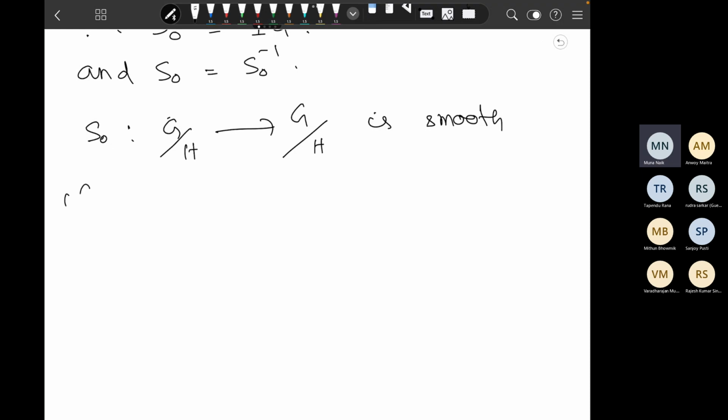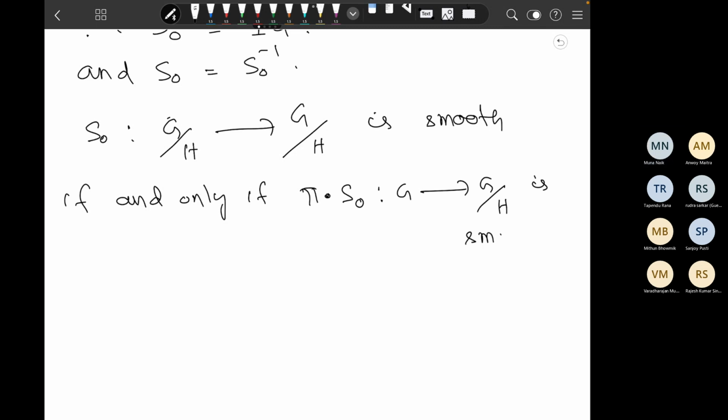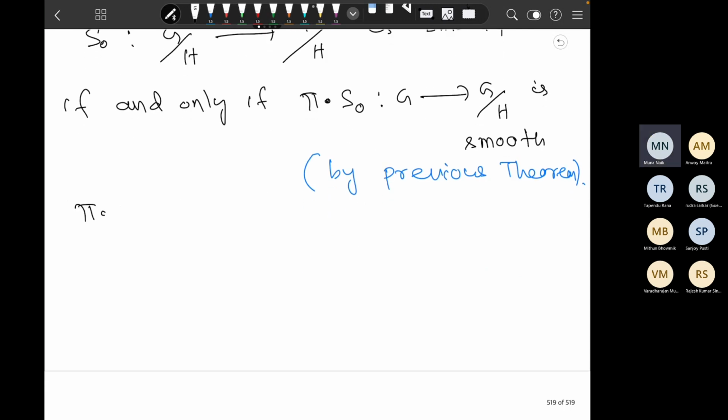So if and only if. I apply that lemma: since G to G/H is the projection, pi composed with S_o, from G to G/H, is smooth, by this previous theorem or something like that. Now, what is S_o composition pi of g?